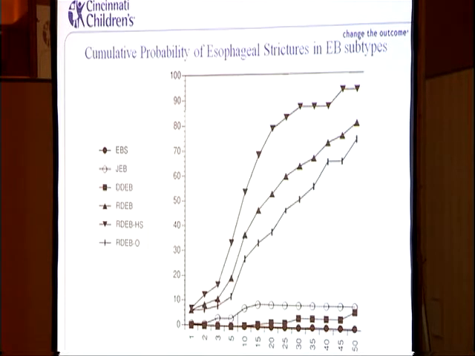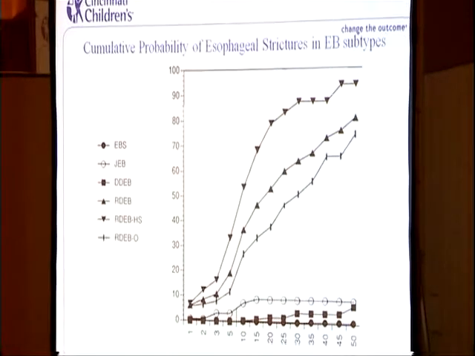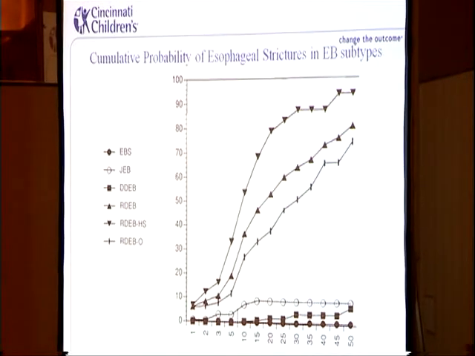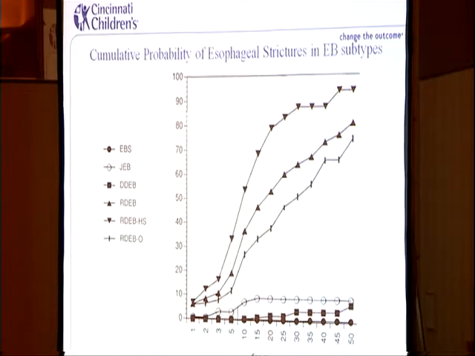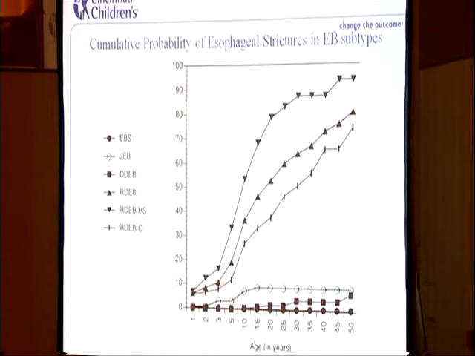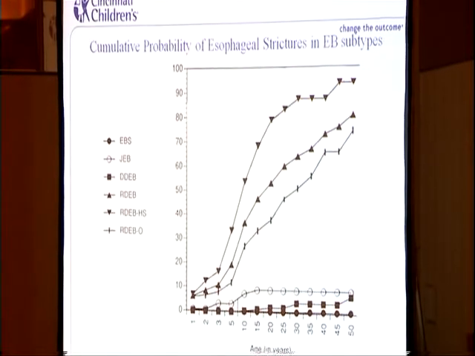Now, if you look at the different types of EB, most of the strictures occur with the recessive dystrophic type, and if you look at the different subtypes of RDEB, somewhere between 70 and 80% of all RDEB patients will eventually develop strictures in their lifetime.